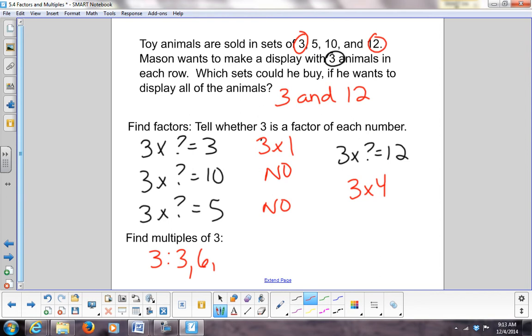Malia, give me another. 3 times 3 is 9. Jessica. 3 times 4 is 12. And last one, Isabel. 3 times 5.